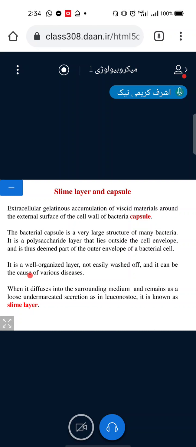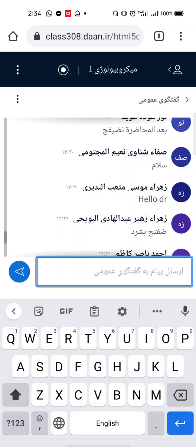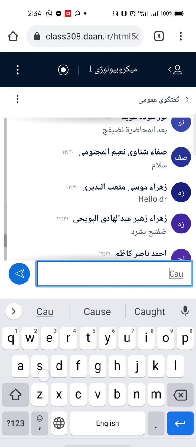It is a well-organized layer, not easily washed off, and it can be the cause of various diseases.